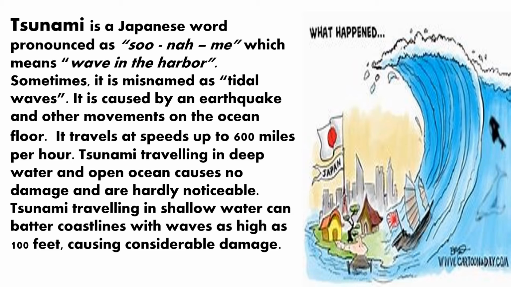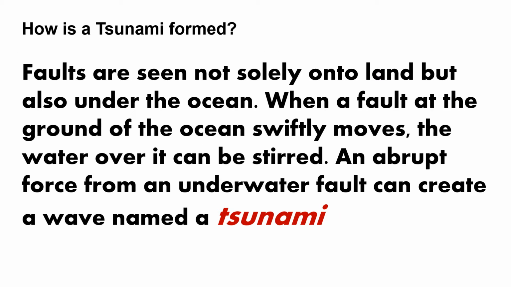But if it happens in shallow water or near the coastlines, then it can create waves as high as 100 feet. A lot of people could possibly be brought to death.